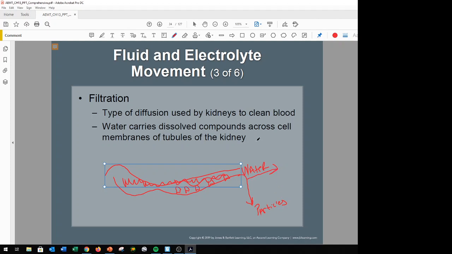We're talking about filtering. It's a type of diffusion used by the kidneys to clean blood. And again, it can happen in the capillaries too, because what happens in the capillaries is gas exchange, basically, right? We have our capillary bed in the pulmonary system, right there at the lungs, where the alveoli and all that are. So you have a blood vessel here. Right, what happens though?